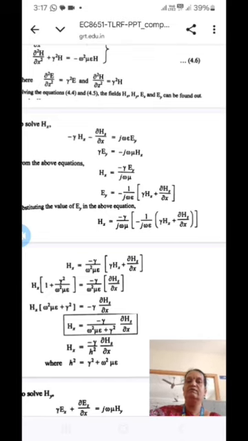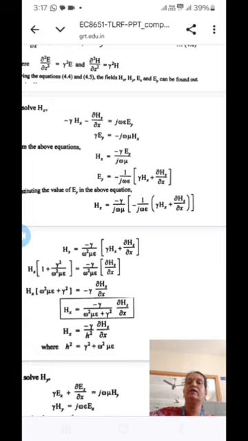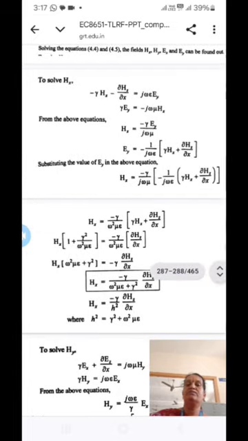By taking the equations and adding or subtracting them, we get the term for Hx to be minus gamma into Ey by jωμ, and from that we will substitute it in the case of Ey, Hx.